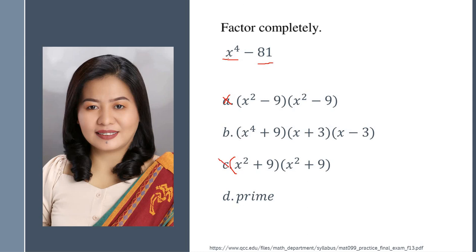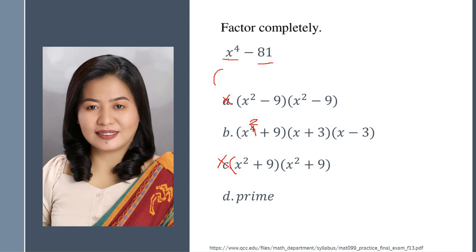Also, letter D will give us a trinomial answer. There's something wrong here. It should be 2 there. That should be 2, not 4.